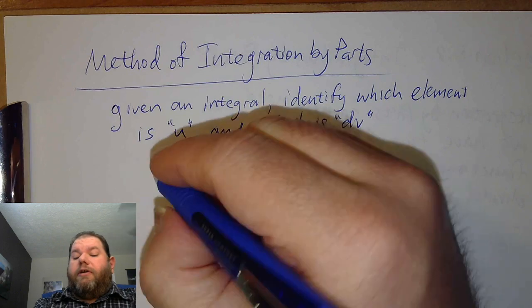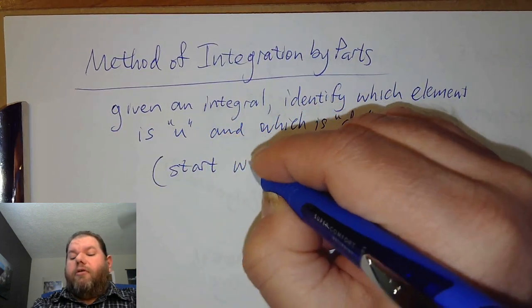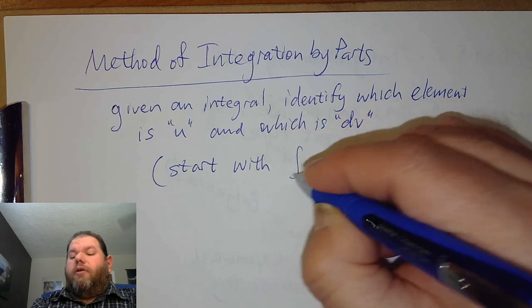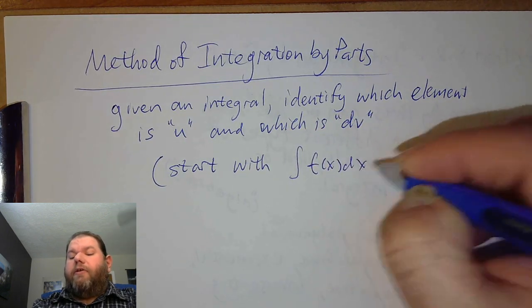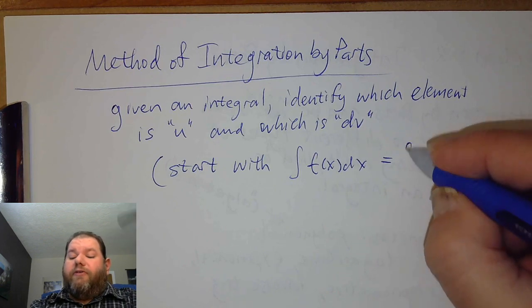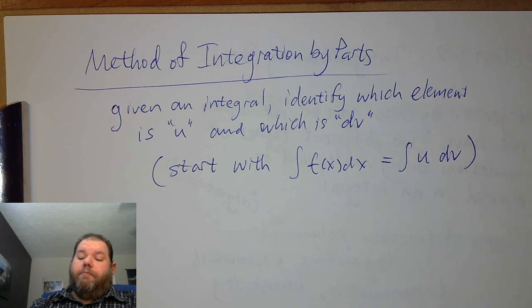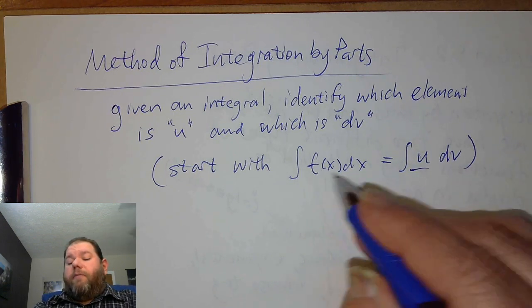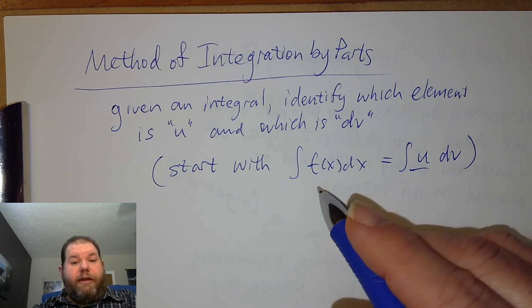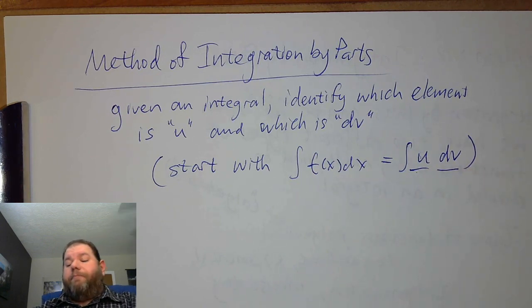Because the idea is that we start with integral of f of x dx, which will simplify as integral of u times dv. So our first step is to identify from this integral, whatever integral we begin with, which term is u and which term is dv.